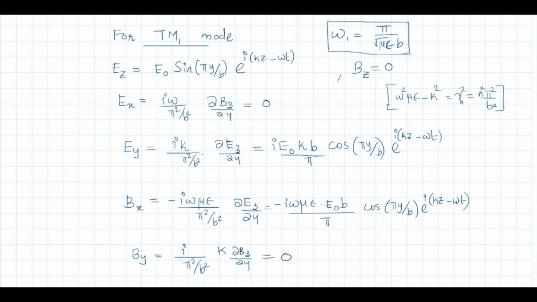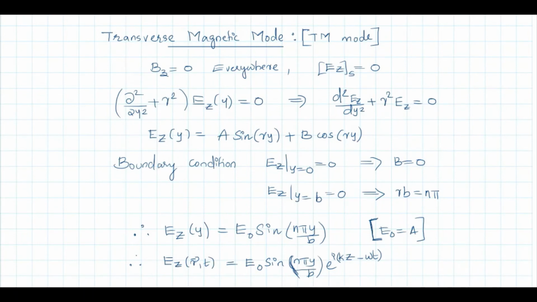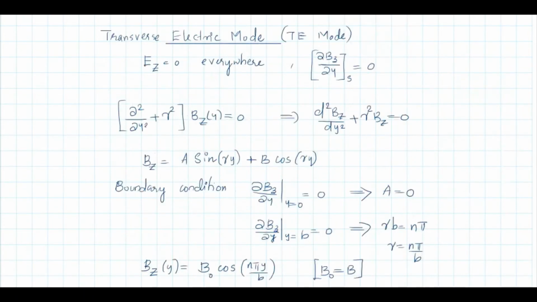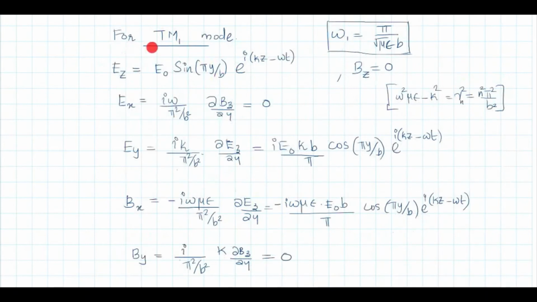Now, what is Ez? Ez is E0 sine, instead of n you have 1 because you are looking for the TM1 mode. So sine pi y by b e raised to i(kz minus omega t). What is Bz? By definition of TM mode, Bz is 0 everywhere. So we got 2 components, Ez and Bz.